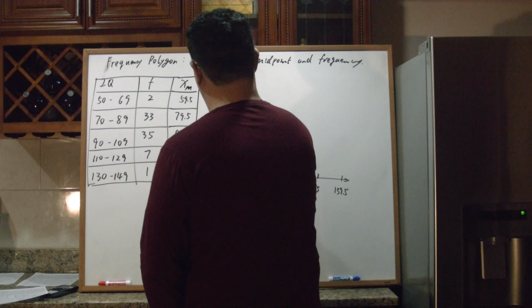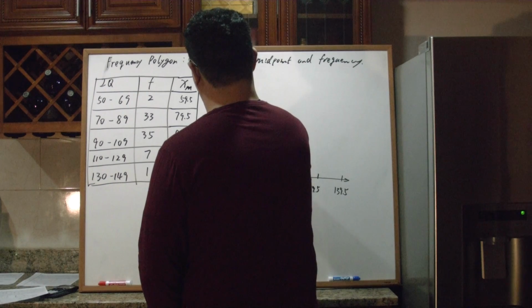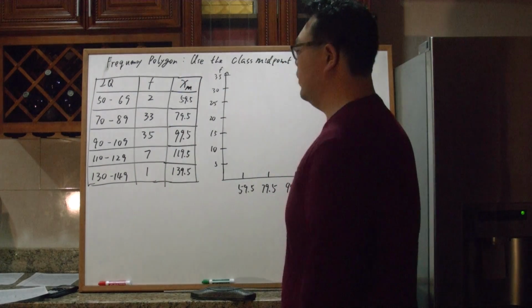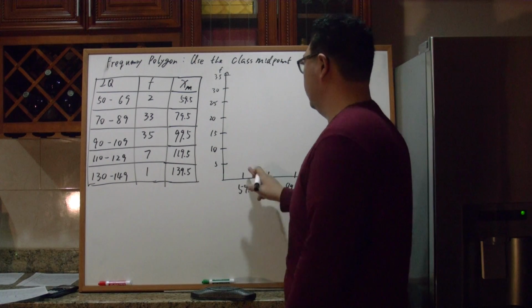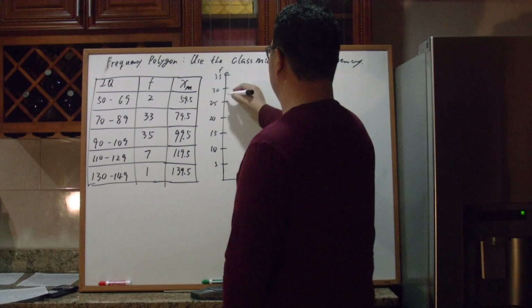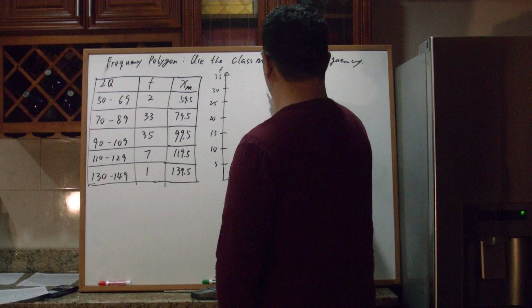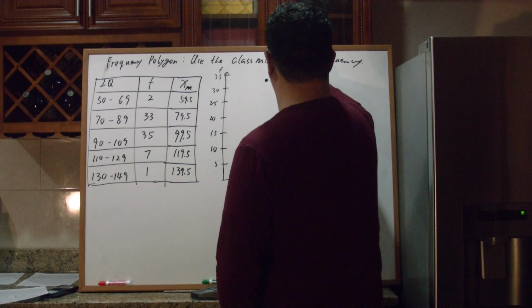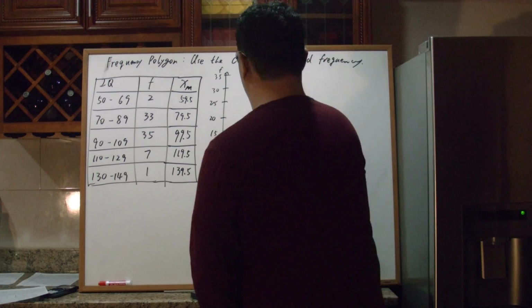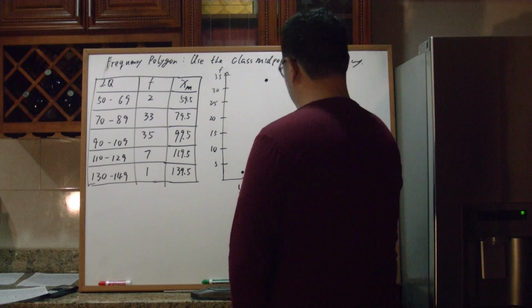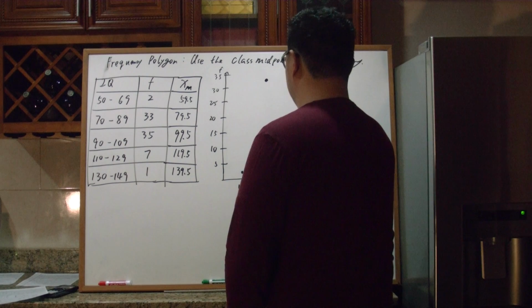The frequency scale has a gap of 5. We plot each point where it is supposed to be. The first class has a frequency of 2, so we label a dot, then go to 33, then to 35, then down to 7, and finally back to 1.